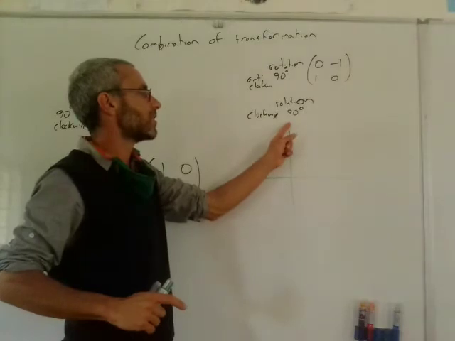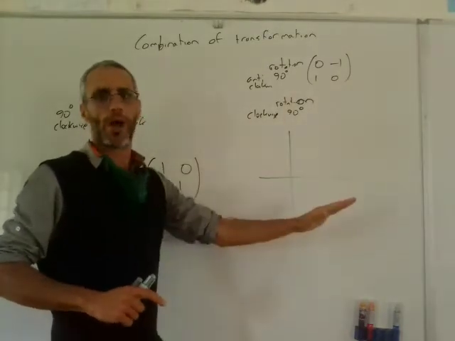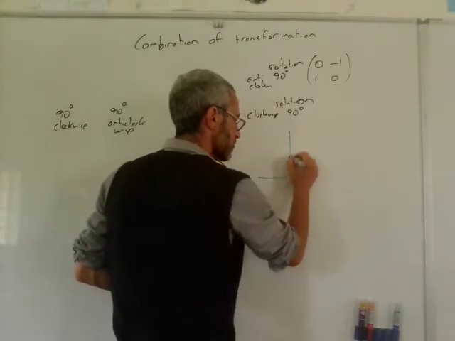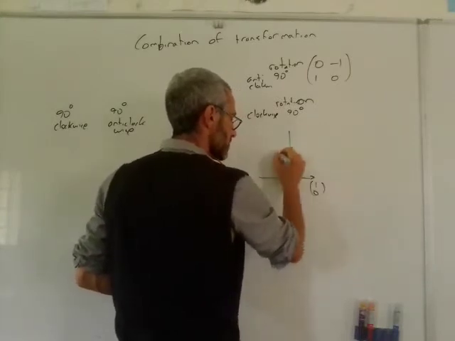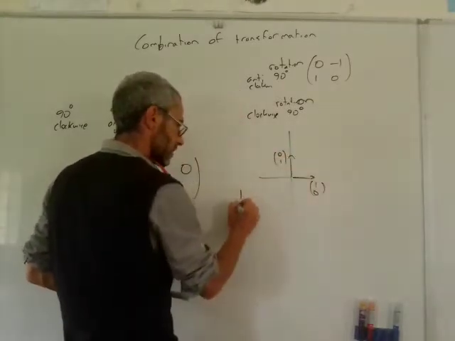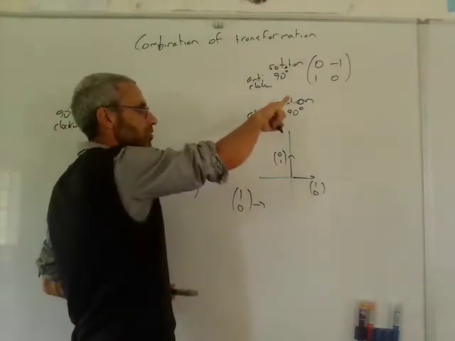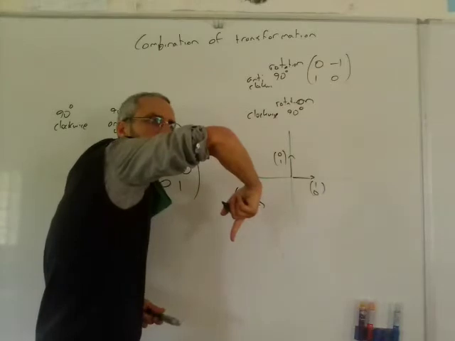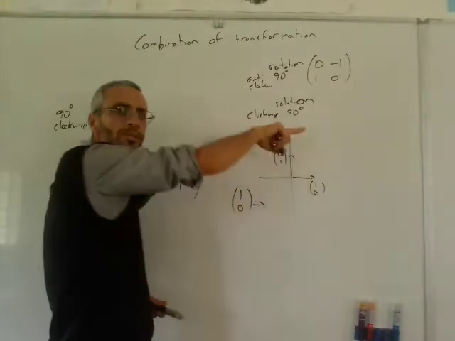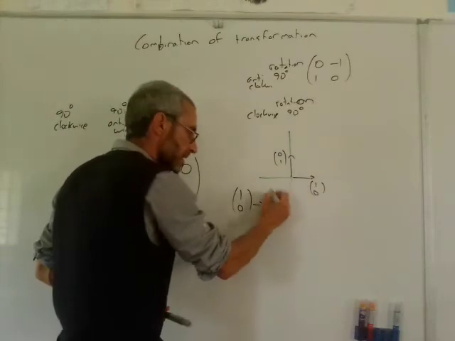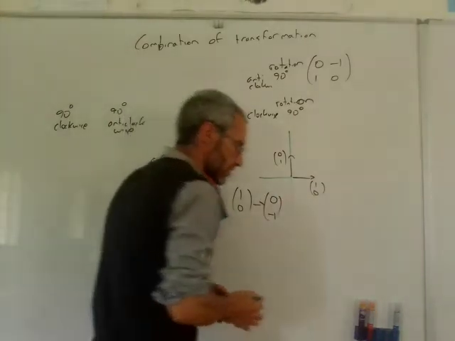Let's do together the 90 degrees rotation clockwise. Remember, we're looking at these two vectors, 1, 0 and 0, 1. And we're asking ourselves, 1, 0, what does it become after a 90 degrees rotation clockwise? It will become 0, minus 1. Let's draw it in red.